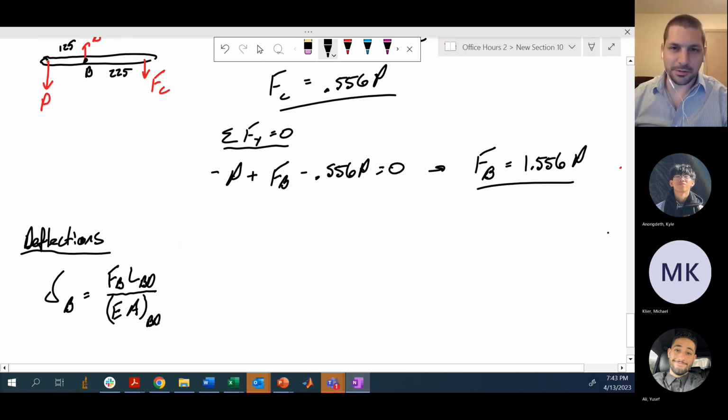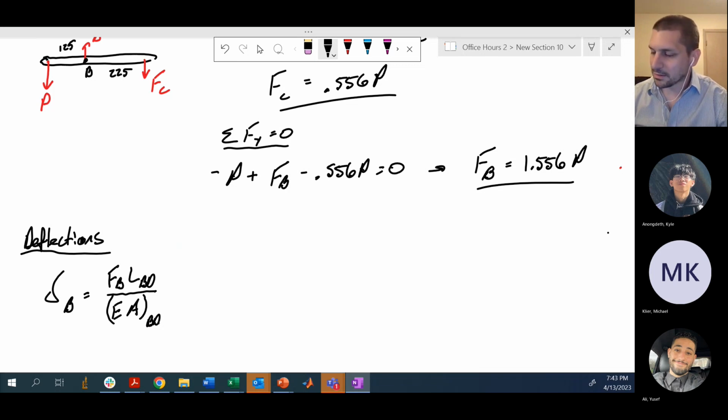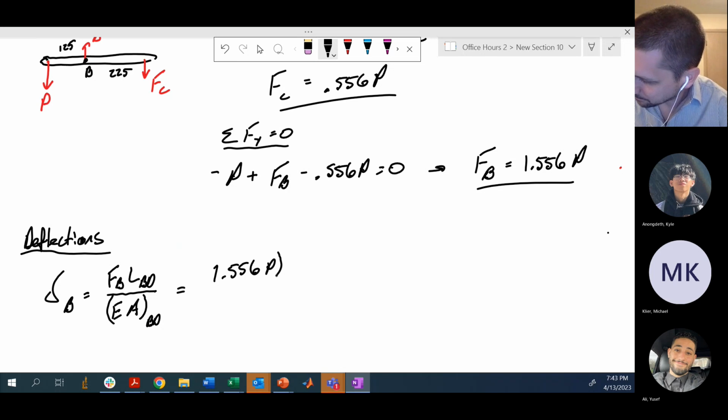I'll put some subscripts on here to make sure that's perfectly clear. This member BD was made out of brass. It told us in the problem statement some of the information about that particular member, so we can include that here. We have FB, I'm going to write it in terms of P. This is 1.556 times P.